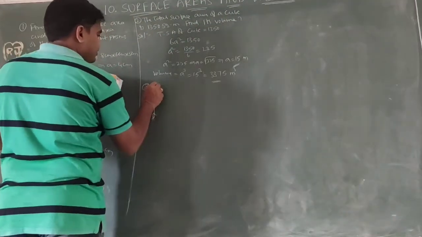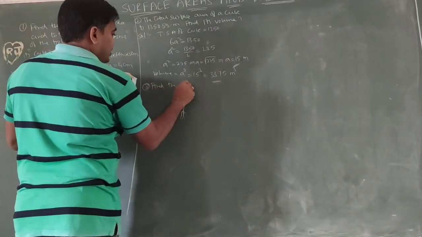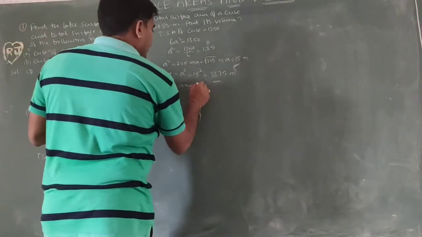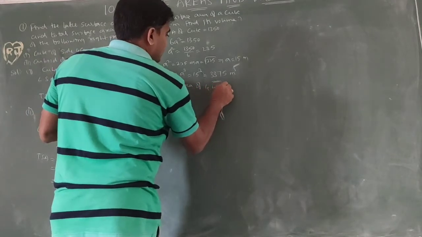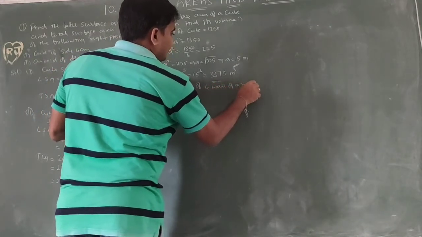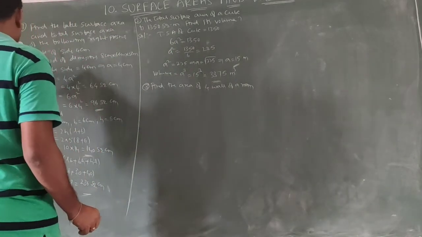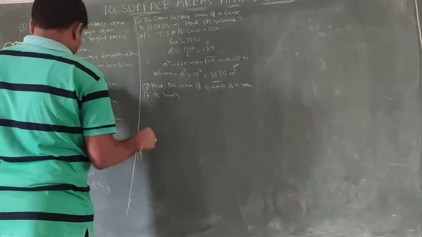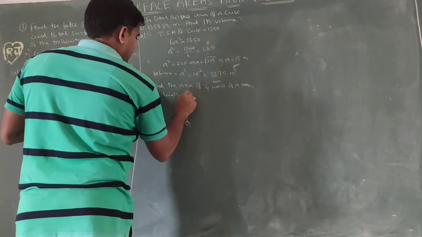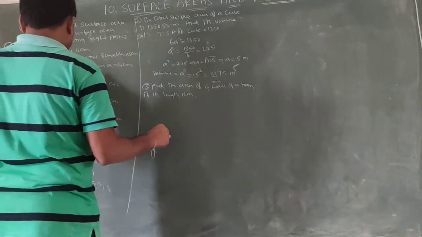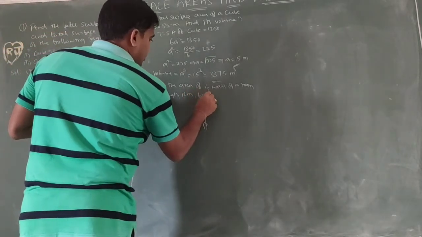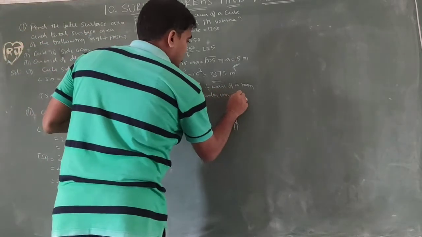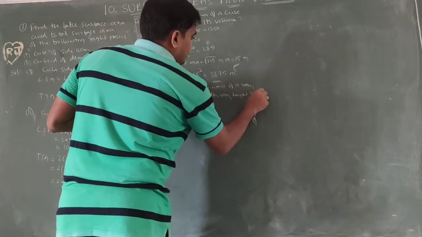Next question number 3. Third question is find the area of four walls of a room if its length 12 meters, breadth 10 meters, height 7.5 meters.